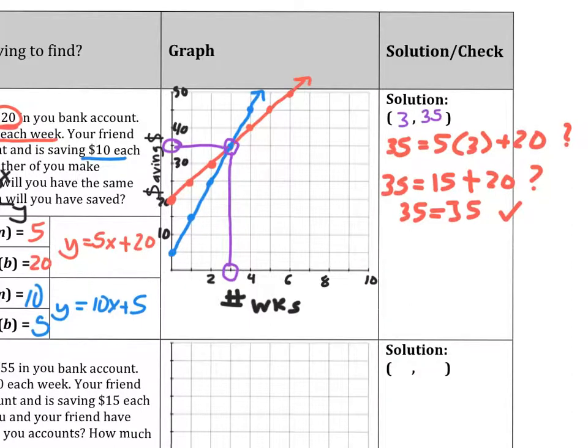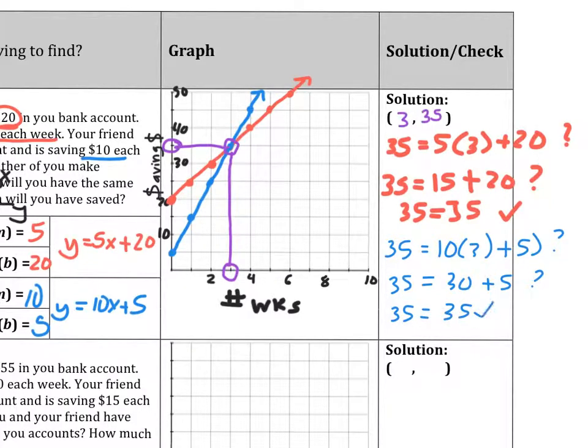Now let's check another one. So 35 equals 10 times 3 plus 5, question mark. 35 equals 30 plus 5, and now we see it working out. 35 equals 35. So lucky for me, this has worked out very nicely.